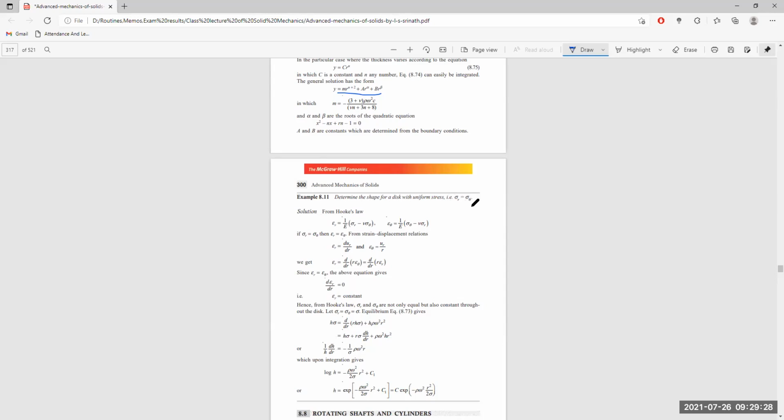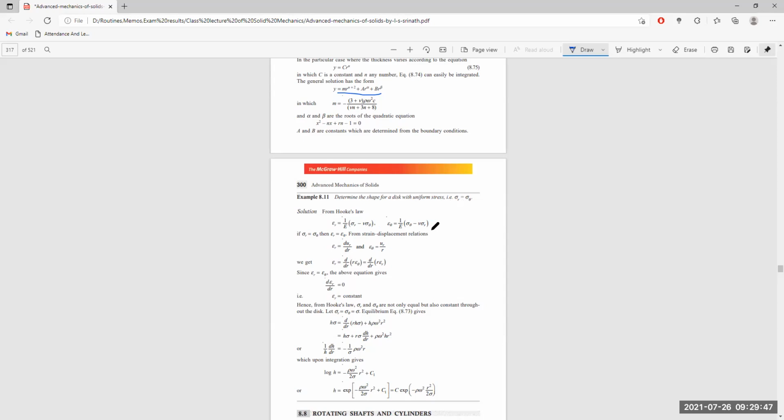So this is the condition given here. So for Hooke's law, epsilon star r is 1 by E into sigma r minus mu into sigma theta, which is equal to epsilon star theta, equal to 1 by E into sigma theta minus mu into sigma r.